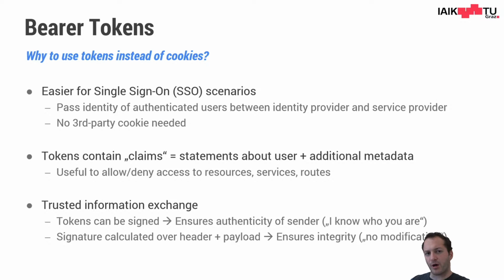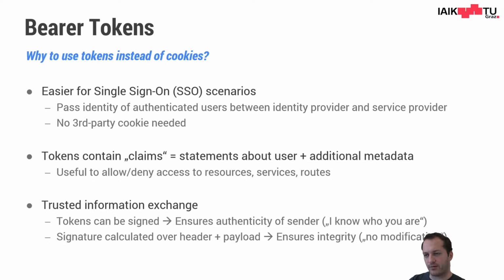You don't need a third-party cookie for that. You don't need to bypass anything for that. You can pass the identity of authenticated users between, for example, two services, like some single sign-on service and the target service. The token, as I already said, contains more than cookies, not only a session ID. For example, you can store whatever you want, and this is usually known as a claim.